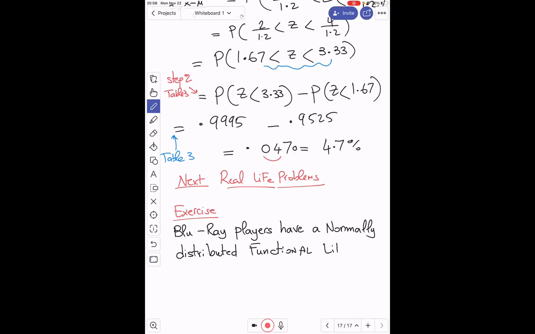Okay, so again, what we are saying here is that the functional life of the Blu-ray players follows a normal distribution, right? So the variable X here is the functional life of the Blu-ray player. And we know that the mean, mu, the average of the functional life of the Blu-ray players, is 2.3 years.